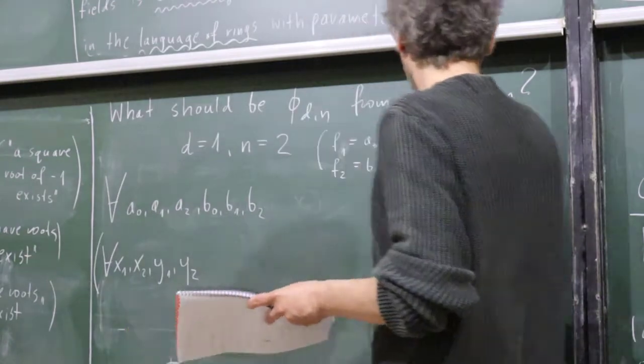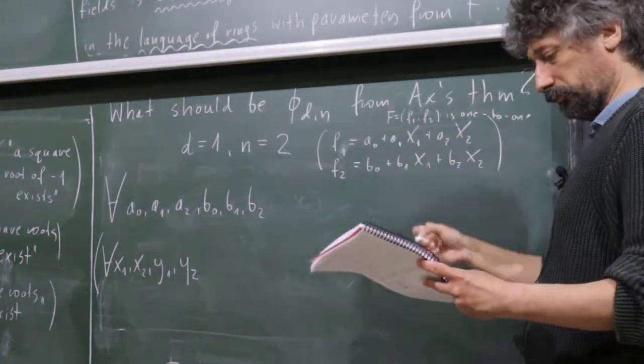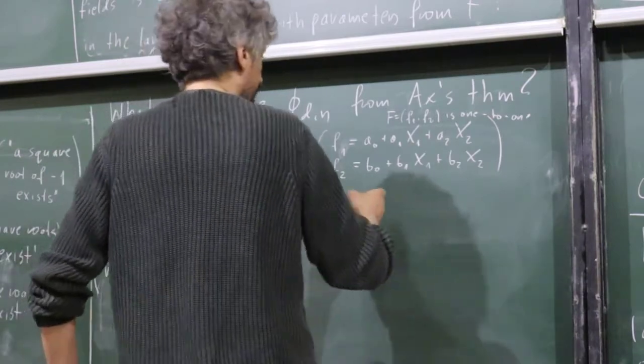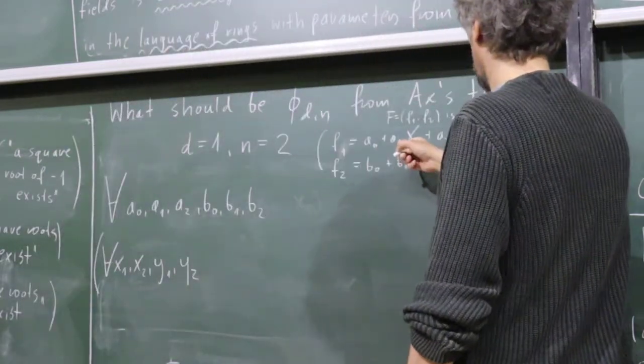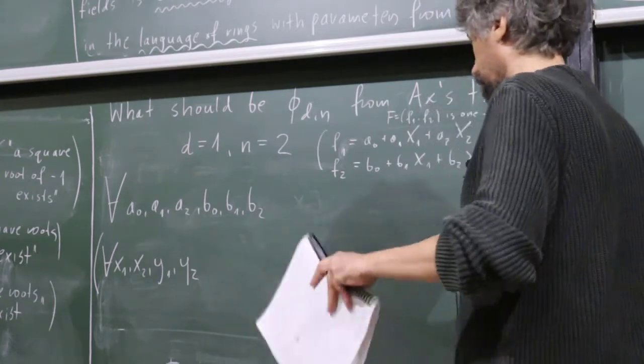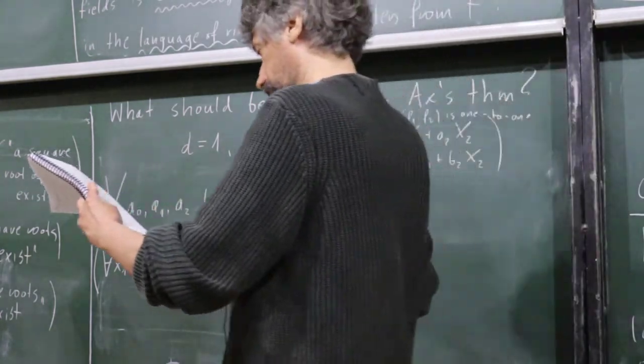If it has the same values, the arguments must be the same. So if we plug here x1, x2, and y1, y2, we get the same on both coordinates.